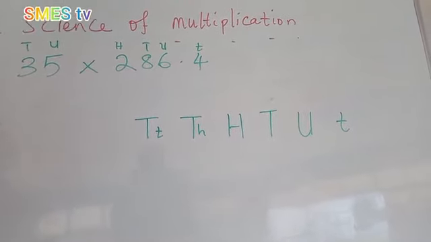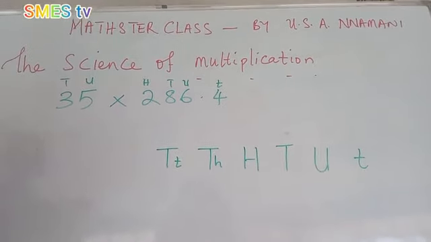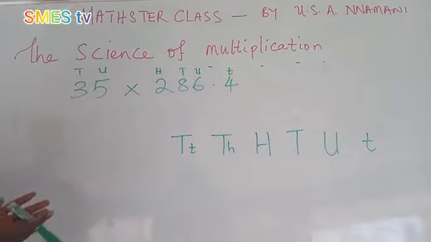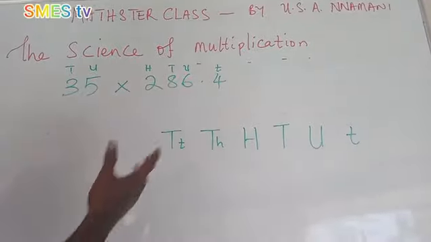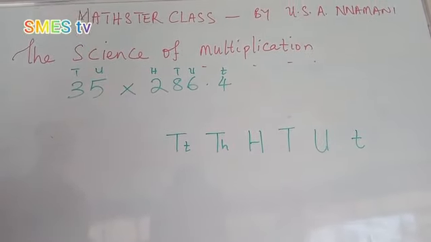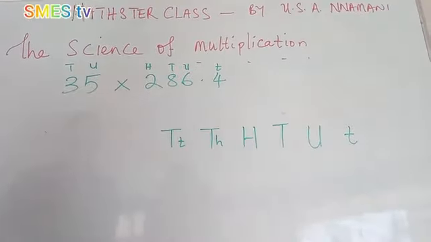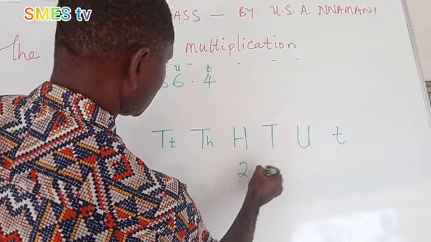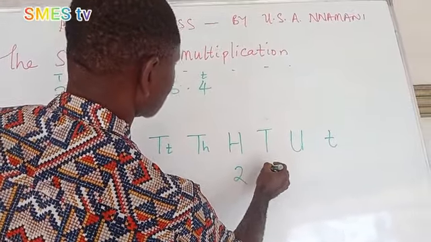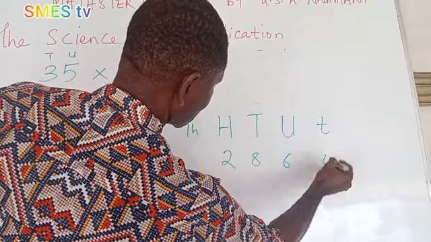So after defining the place value line, first step, the next step is for us to configure our plot, which is simply arranging the digits of these numbers according to their respective place values. First of all, we enter the digits of the multiplicand. So we have 200, 8, 10, 6 units, and 4 tenths.